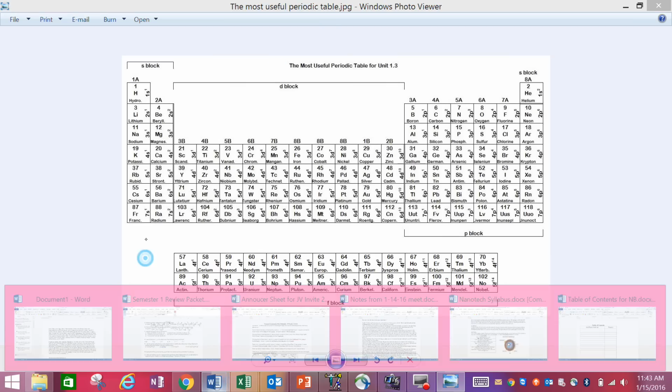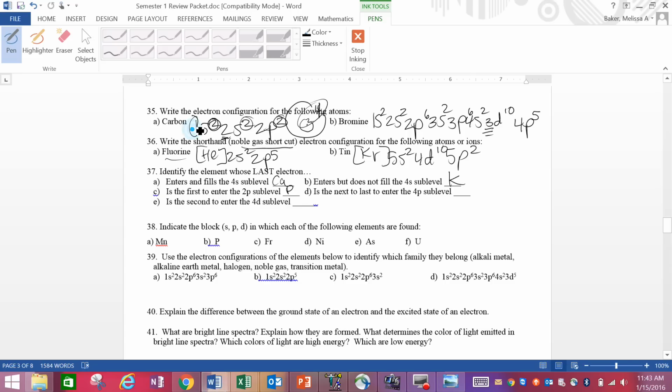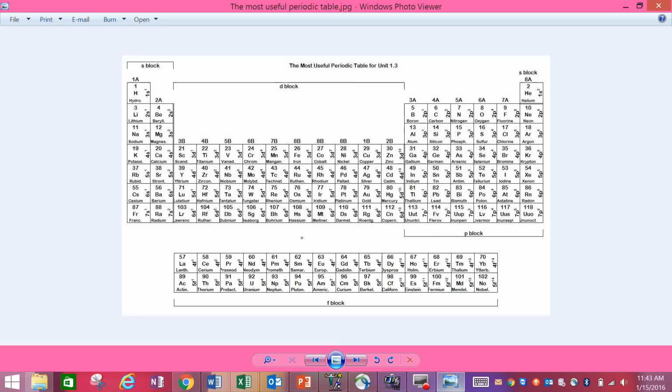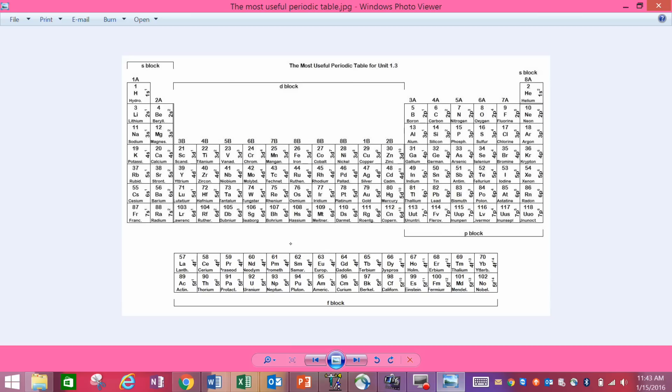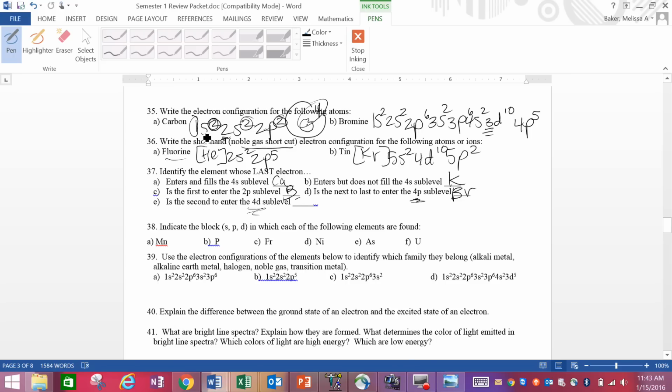Number 5, boron, is the first to enter the 2p. What's the next to last to enter the 4p? So here's 4p, krypton's the last one, so the next to last would be bromine. And what's the second to enter the 4d? Here's 4d, yttrium is first, zirconium, Zr, is the second one.